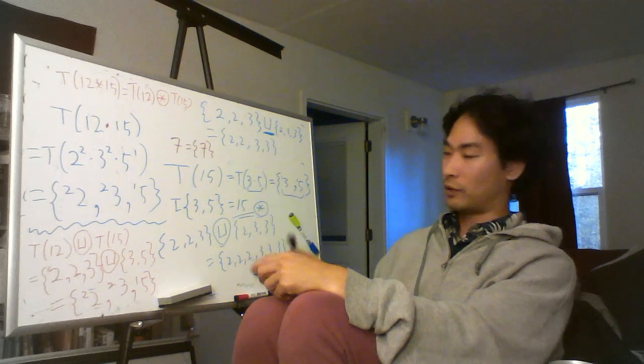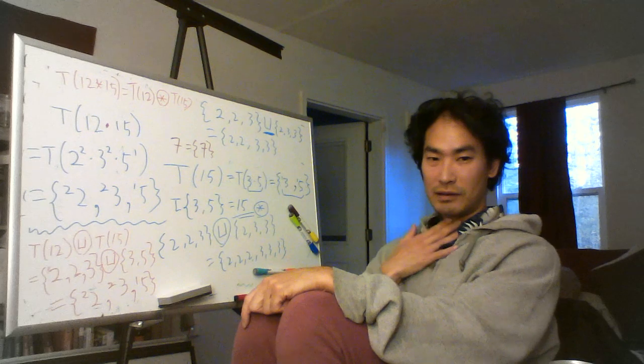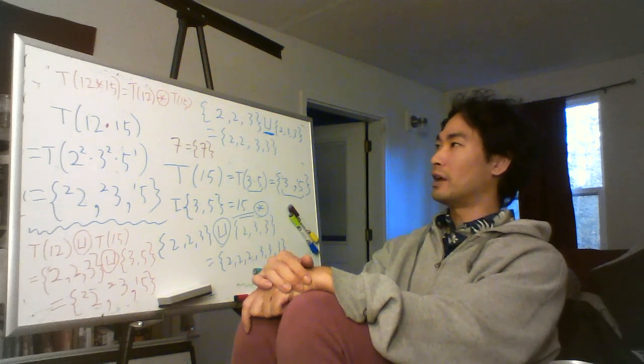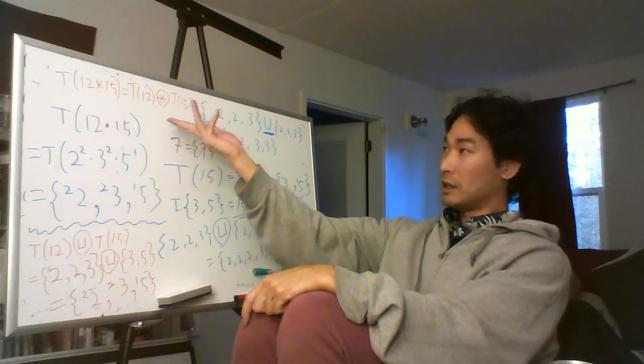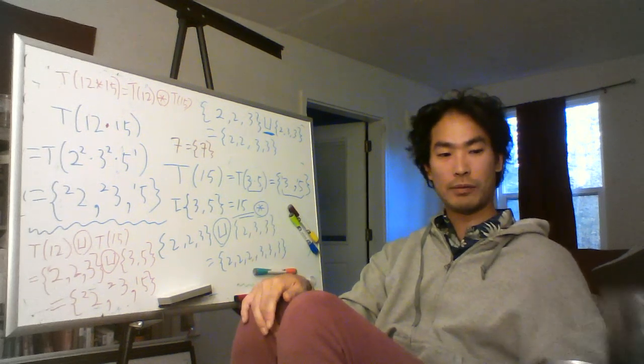We talked about this before, okay? So let's take a break, I need some vocal rest. And then we go ahead and prove this T homomorphism theorem, okay? All right, let's take a break.